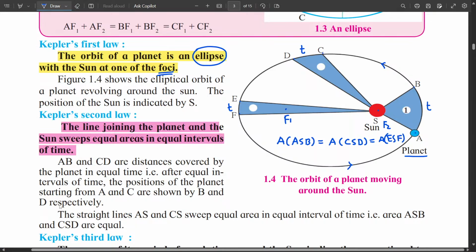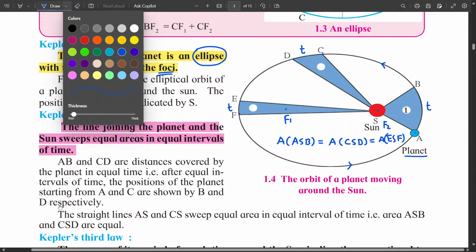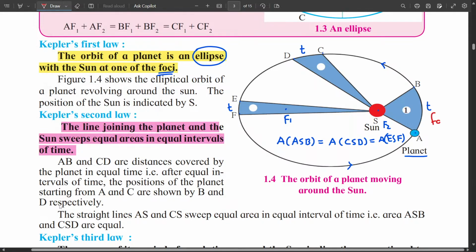All the areas will be equal if the planet is taking the same time to go from one point to the other. So another meaning of this statement is that the planet will move faster when it is nearer to the sun and the planet will move slower when it is away from the sun.